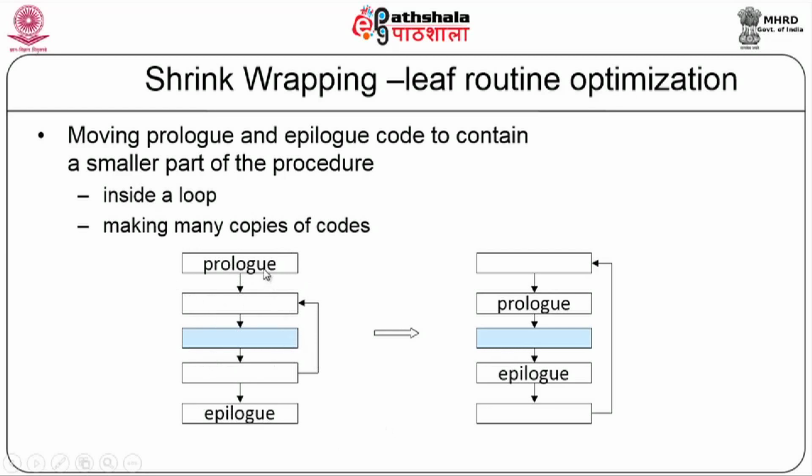I will bring the prologue closer to the body and move the epilogue also closer to the body, increasing my loop from here to here. This is what happens in shrink wrapping. Moving prologue and epilogue code to contain a smaller part of the procedure inside a loop, and making many copies of code, is what we do.